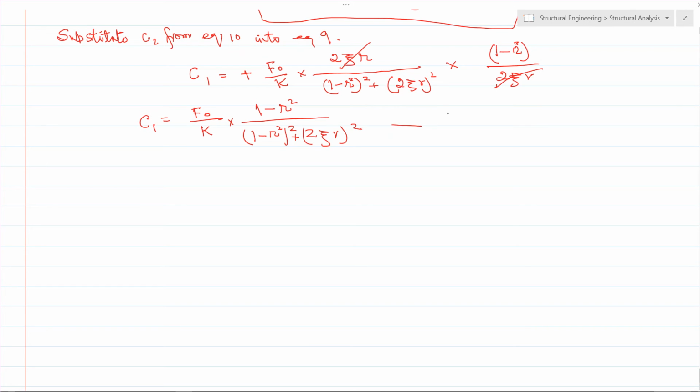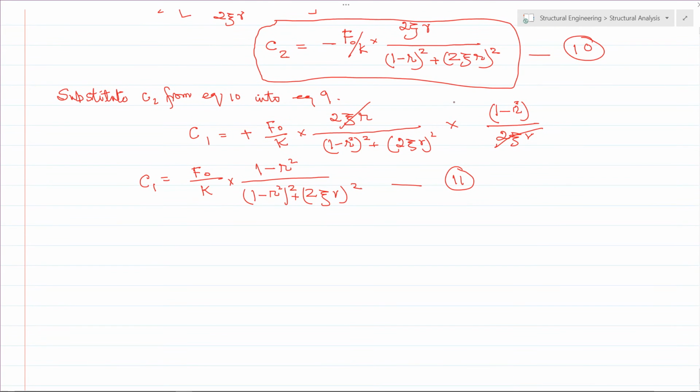So this is our equation number 11, if I am not wrong. Yeah. So this is the value of C1.